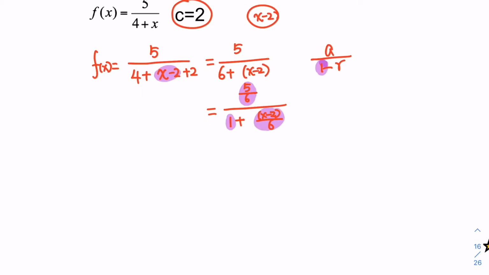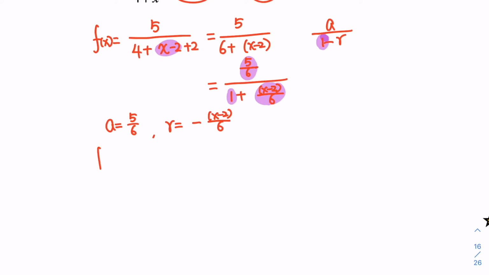In this case a equals 5 over 6, and r, be careful, will be negative x minus 2 over 6. After we figure out a and r, f of x will be the sum, n goes from 0 to infinity, of a times r to the n power.